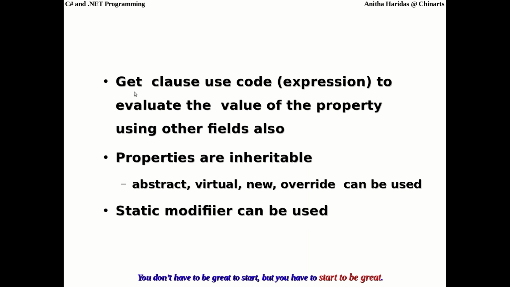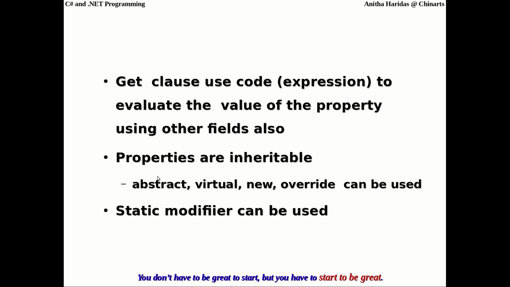Now in your get clause, you use code. That means you can have some expressions also to evaluate the value of the property using other fields also. So it doesn't mean that you need to have only one field. You can have a combination of fields and evaluate using an expression. That is also possible.